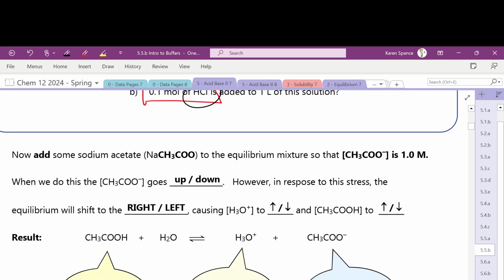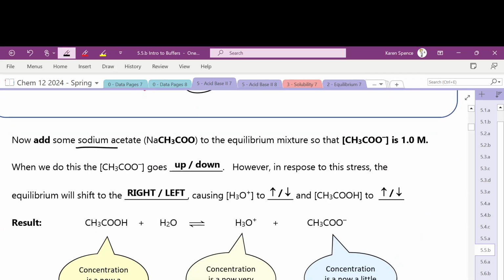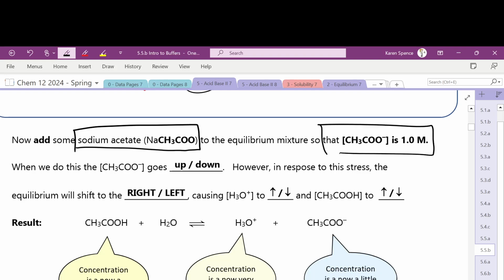So what we're going to do now is add some sodium acetate to the equilibrium mixture so that now acetate is also 1 molar. So when we do this, the acetate concentration goes which way? It goes up.